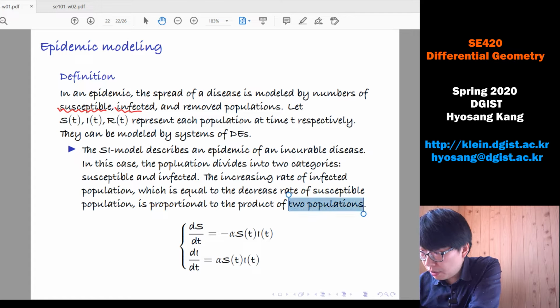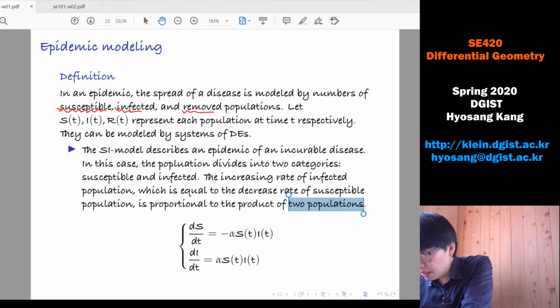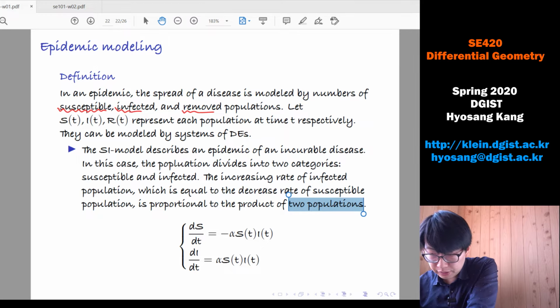And removed means that either this person is cured and immune to the disease because of the antibody protection of the body, or they are deceased, meaning they died.